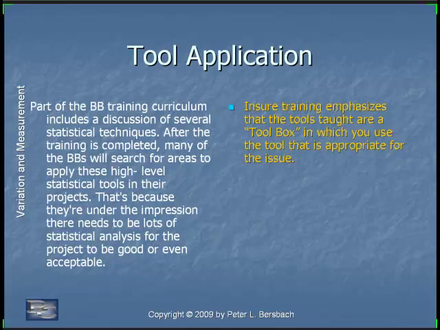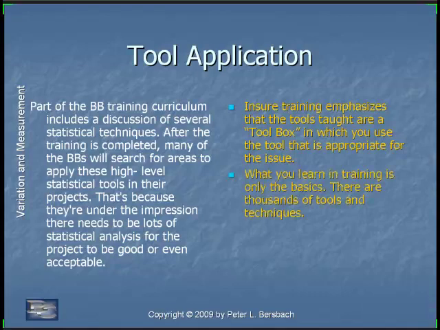We teach a lot of tools in the training that we give, but it's not necessarily all the tools that you could possibly need to use. The idea is to have that background and knowledge of where to go to find a particular technique that you will need to use to solve your problem, not just to add another tool to the project.